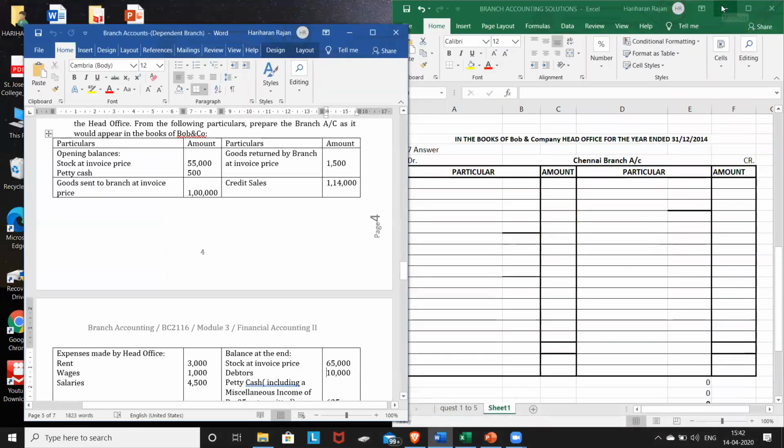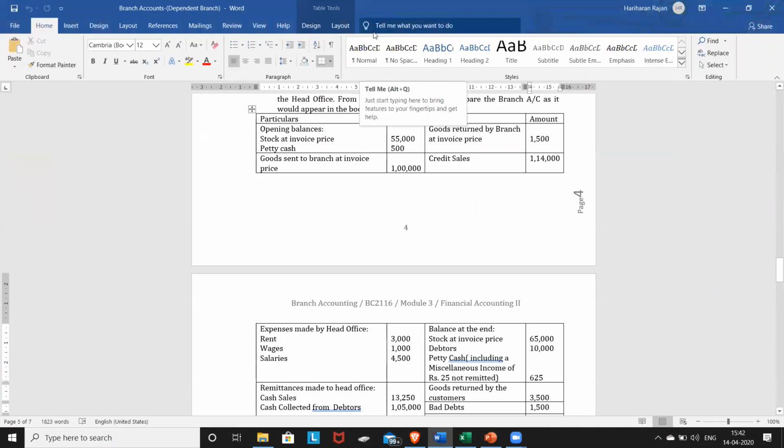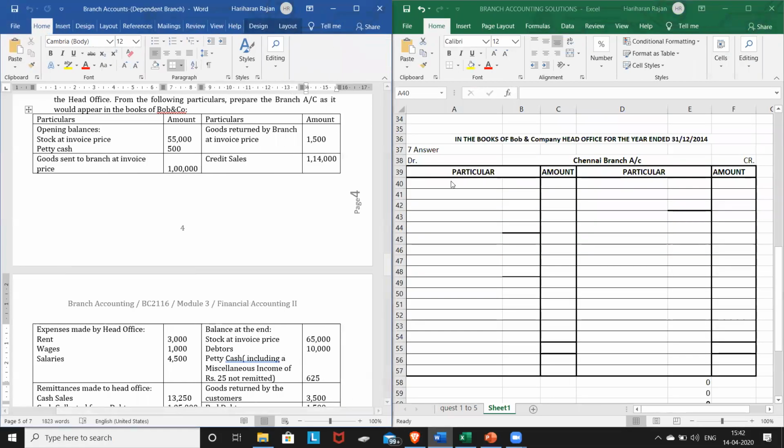So let us get back to the problem. Opening stock is 55,000. Then debtors. Debtors opening is not given, so it's very important.